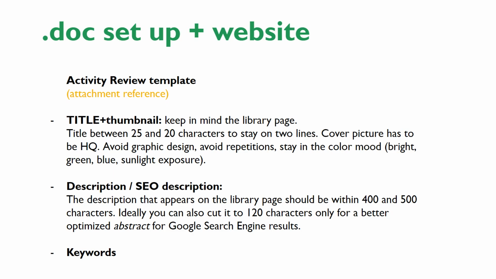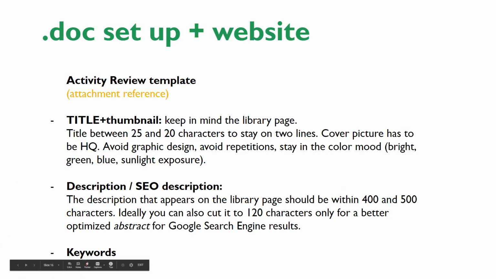When it comes to SEO, the description has to be between 400 and 500 characters. Ideally, you can cut it to 120 characters, as I told you, to optimize the content. And then you keep in mind to also write down some keywords for that. So you have everything ready to upload your content.